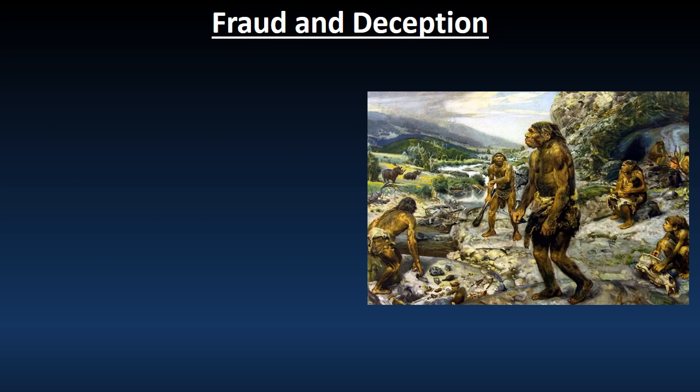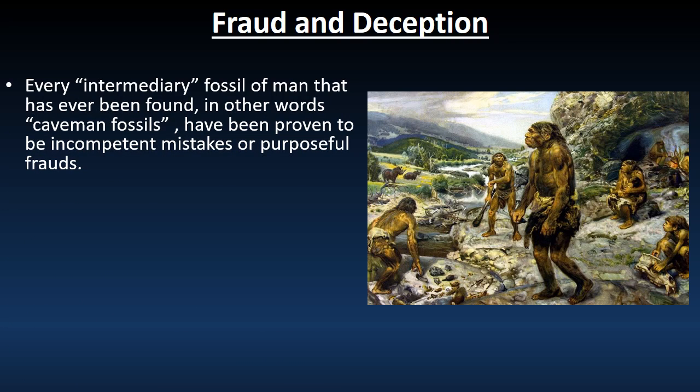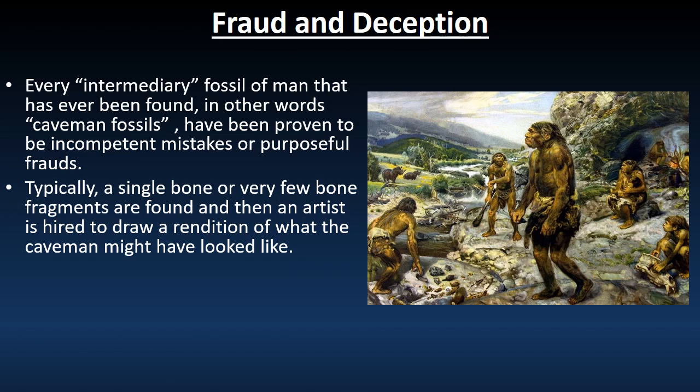So fraud and deception. Every intermediary fossil of man that has ever been found, in other words, caveman fossils, have been proven to be incompetent mistakes or purposeful frauds. And we'll get into this. This is some serious stuff that took place here, and it's still taking place.